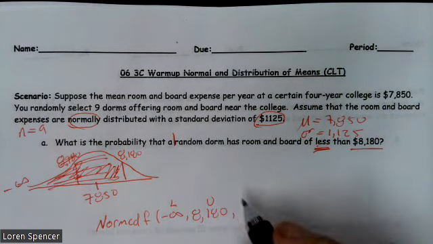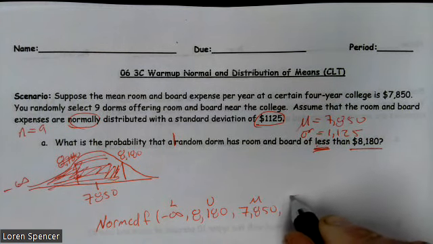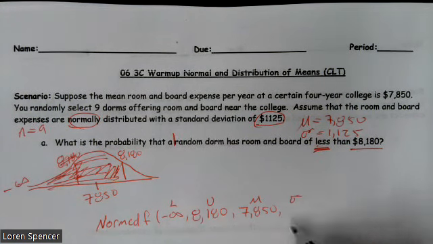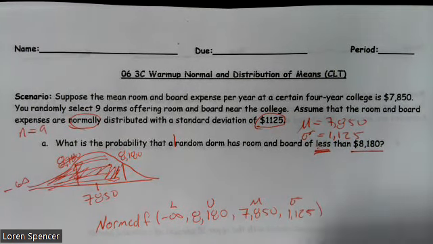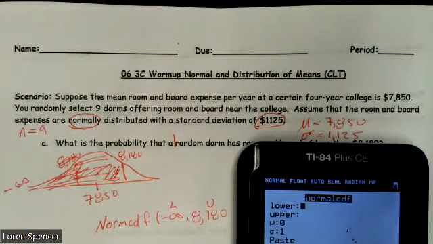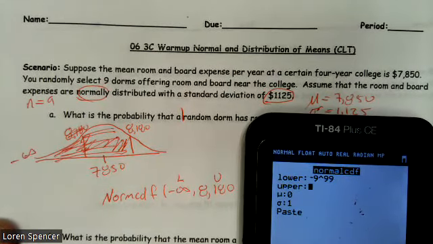And then we have a mean of 7,850 and a standard deviation of 1,125. So let's go ahead and drop that into the calculator. Second vars, normal CDF. There's no infinity key, so we're going to use -9 raised to the 99th power.